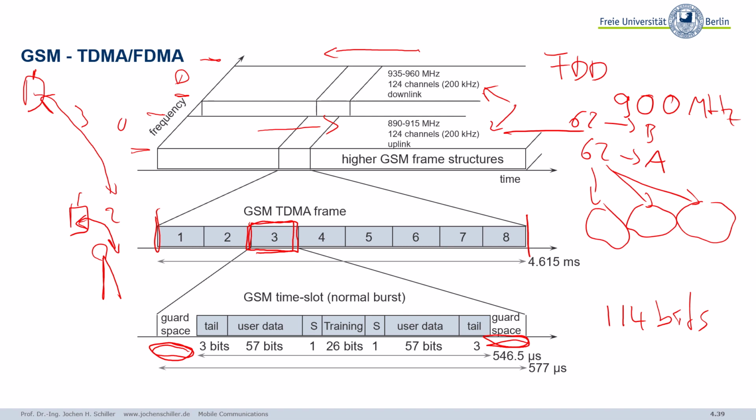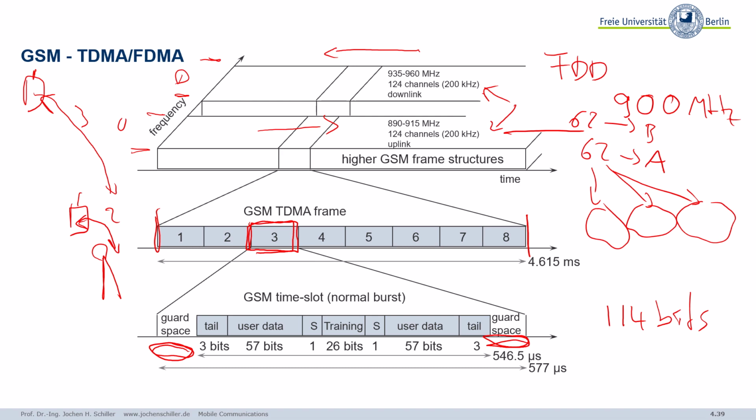So the guard space makes sure that the data you send from a mobile station to the BTS will not overlap in time with another time slot. So you can shift your burst of bits inside the slots back and forth a little bit. So that's one way of handling the distance.